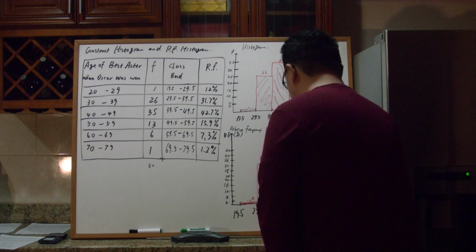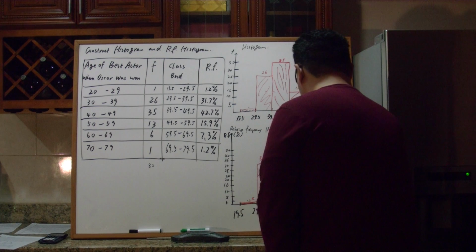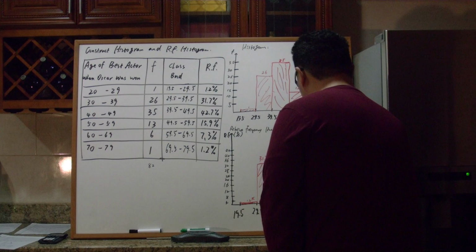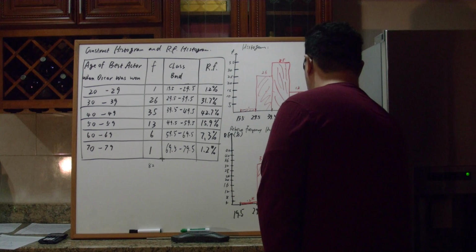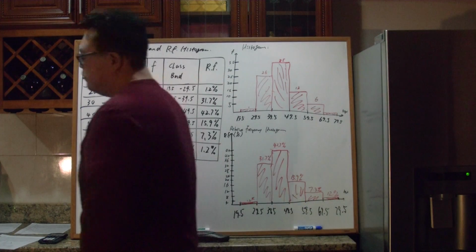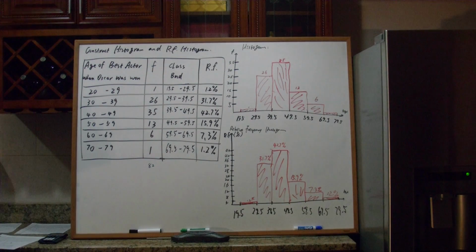And then 7.3, and the last one 1.2. So that is the relative frequency histogram.